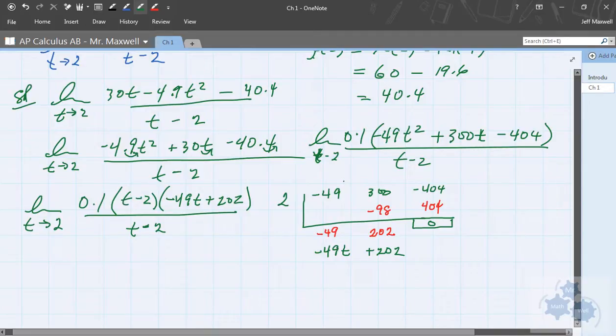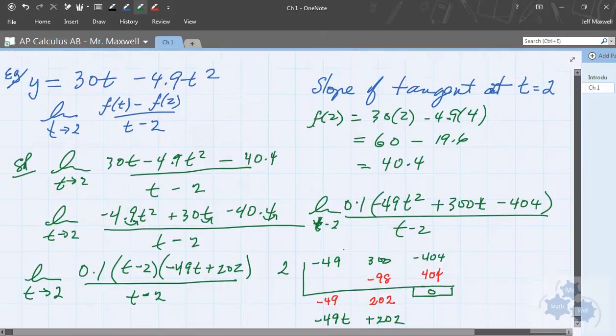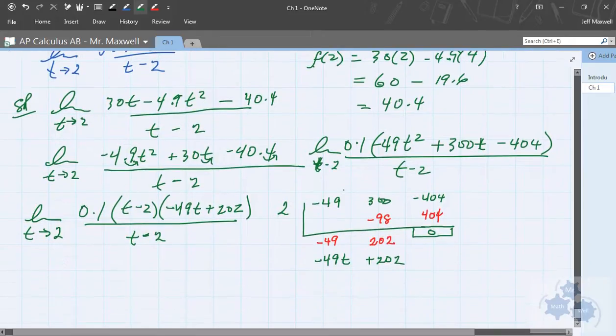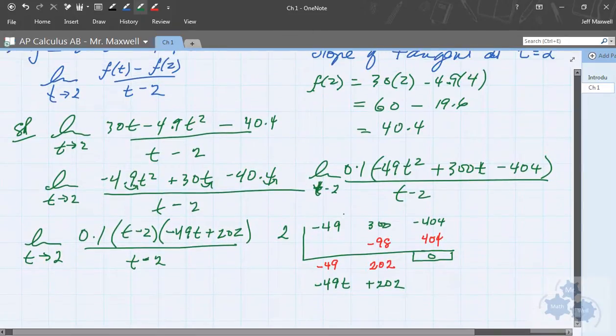All right, so we went on with this question here, and it's a bit of a challenging question. And here's the work. Right here, you put in f of t minus f of 2, all over t minus 2. Now, factoring this was a little bit of an issue, so what we did was we wanted to get whole numbers, so we divided out a 0.1 to move the decimal place to the right.